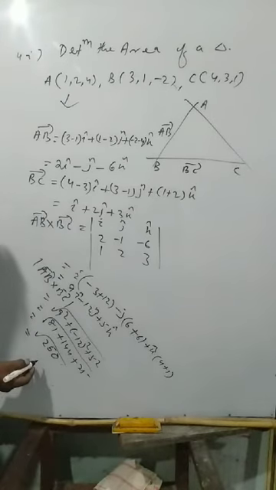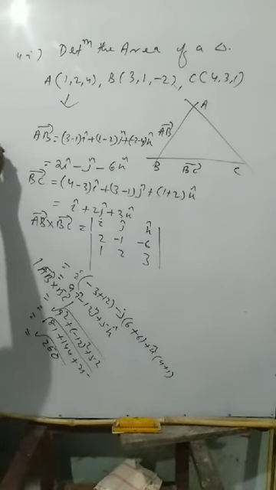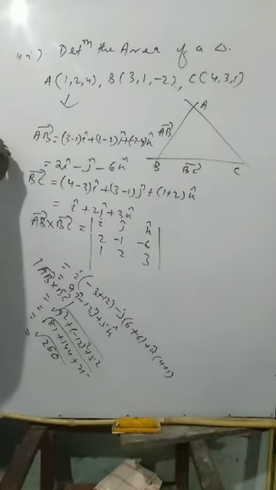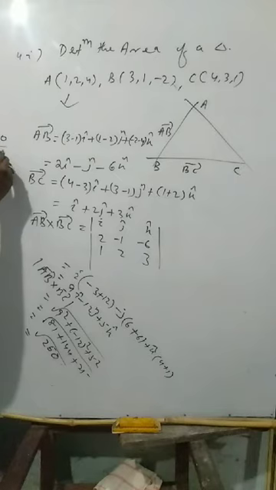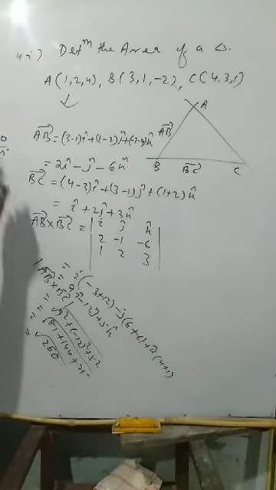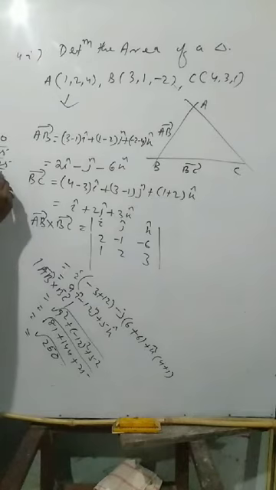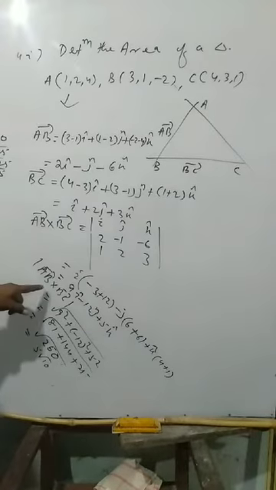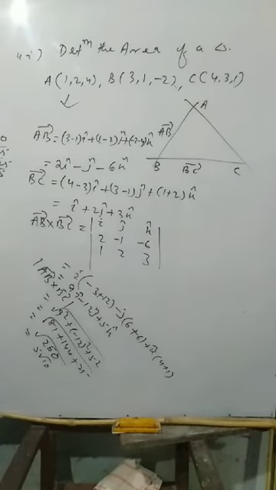Instead of root 250 you can write root of 25 into 10. So you put 5 root 10. So the AB cross BC magnitude equals 5 root 10.